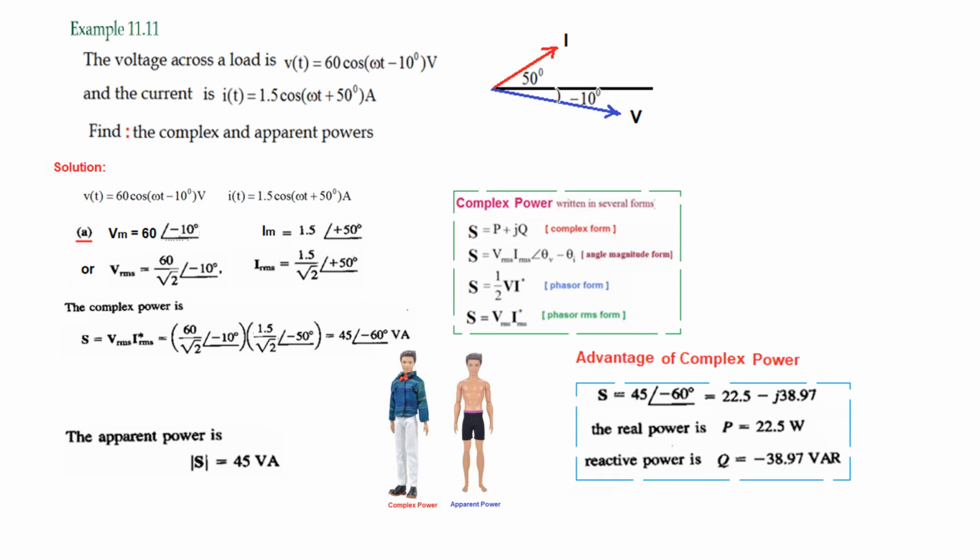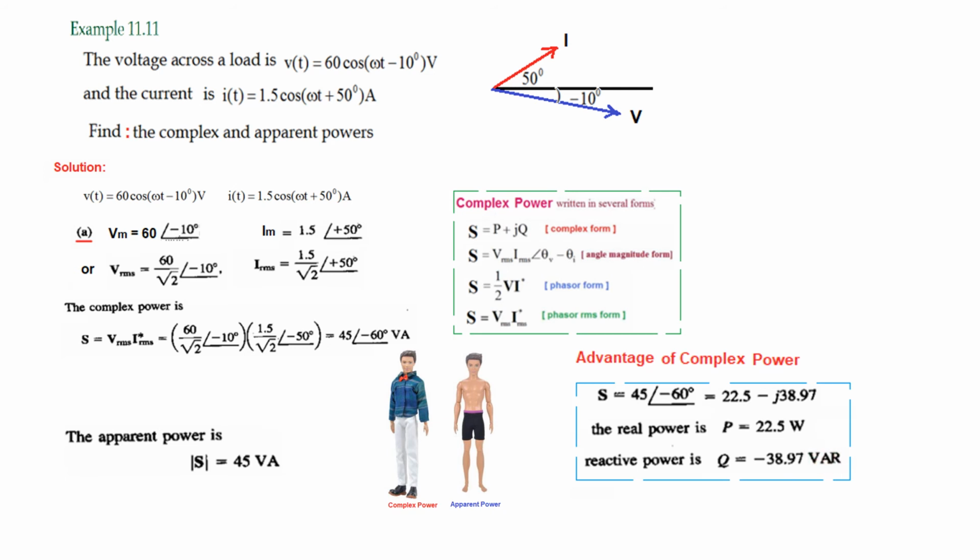Now, what are the advantages of complex power? If we know the complex power, all we need to do is use our calculator to convert it from polar to rectangular. So we get this answer. The first part is the real part, so this is our real power or true power, and it is in watts. The second term is our reactive power, which is 38.97, and this is in VAR.